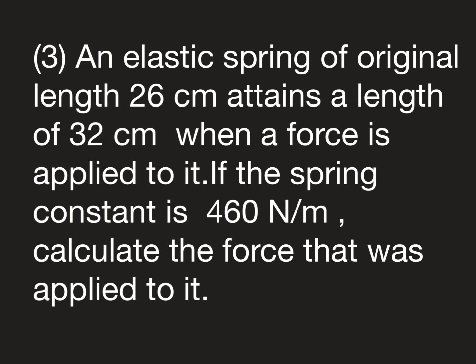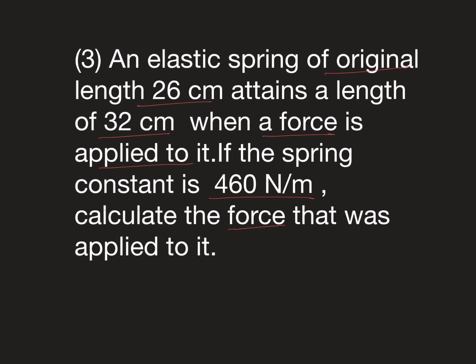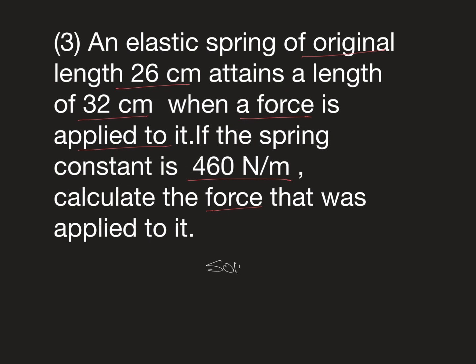Moving on to the next question, it reads, an elastic spring of original length 26 centimeters attains a length of 32 centimeters when a force is applied to it. If the spring constant is 460 newtons per meter, calculate the force that was applied to it. Solution.